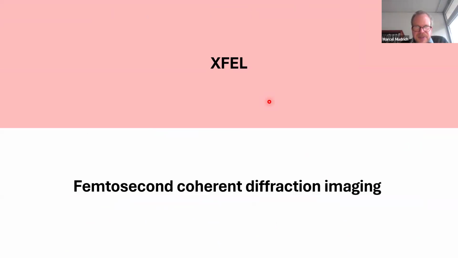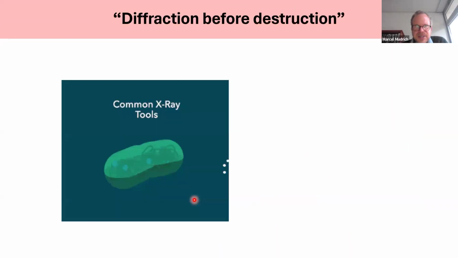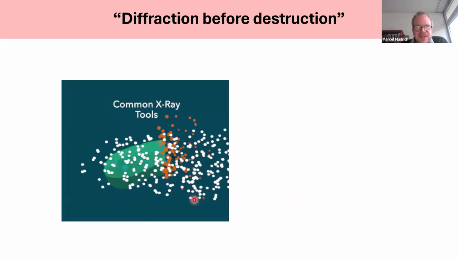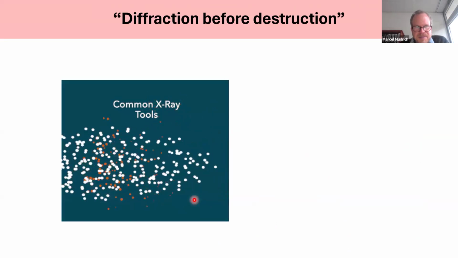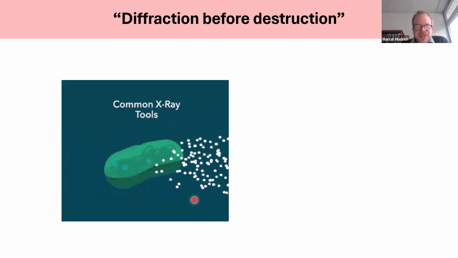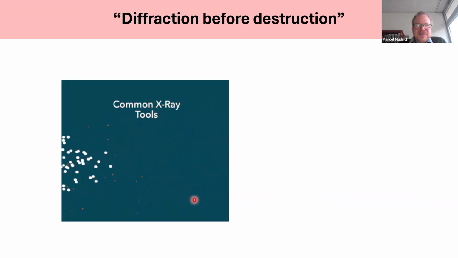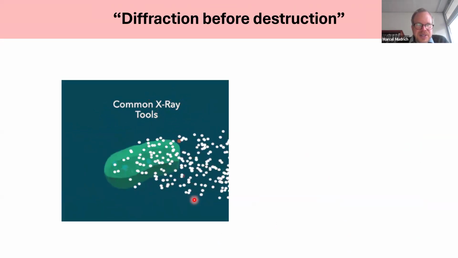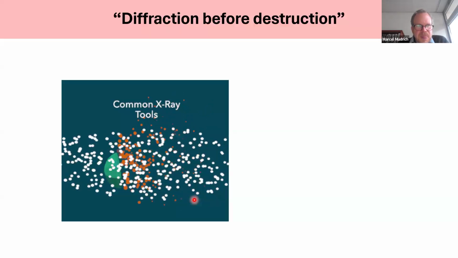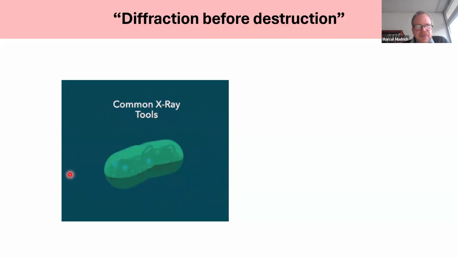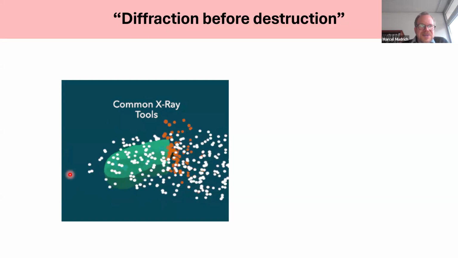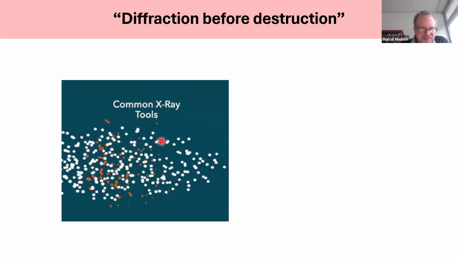And the main difference is that, as I said, XFELs produce X-rays, but with much higher intensity and femtosecond pulses. And that causes one fundamental issue, which is illustrated here: if such an intense free electron laser X-ray pulse hits a target, in particular some biological sample, then this is what happens to the sample.